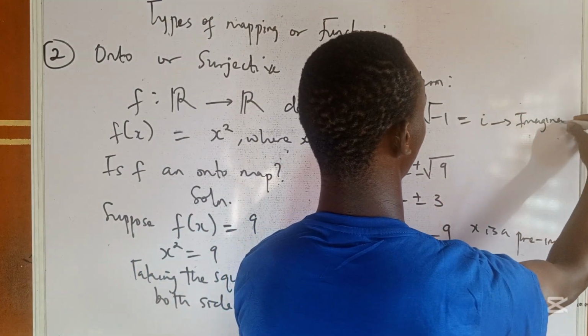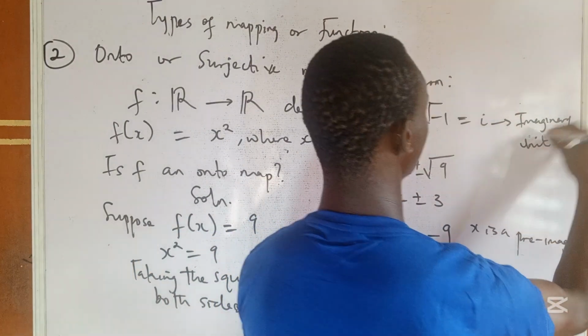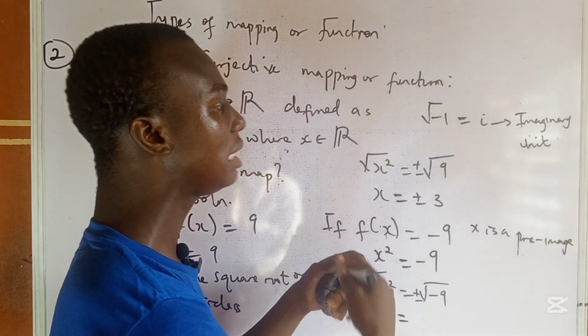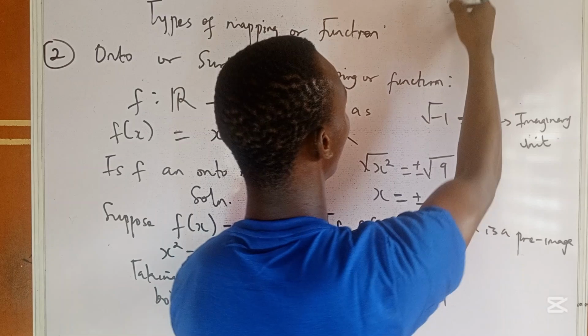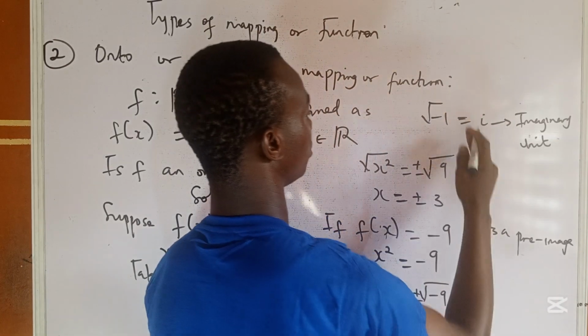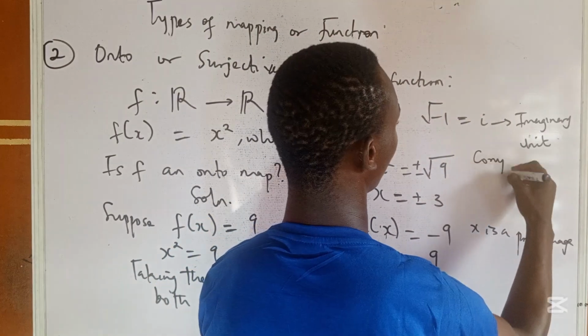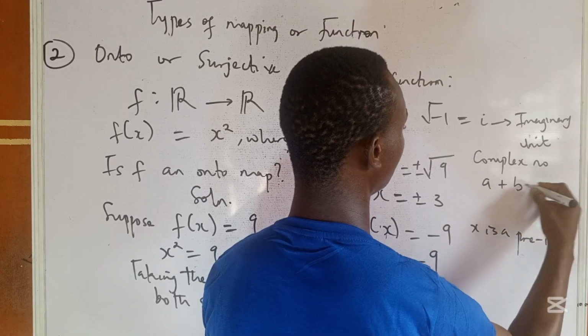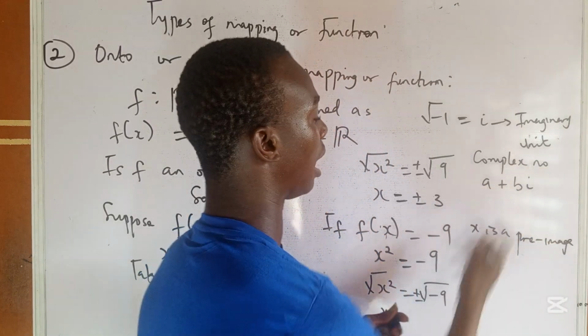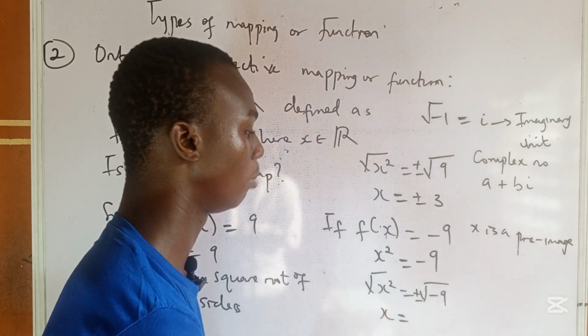Now, a complex number is a number in the form a plus bi, where a and b are both real numbers.